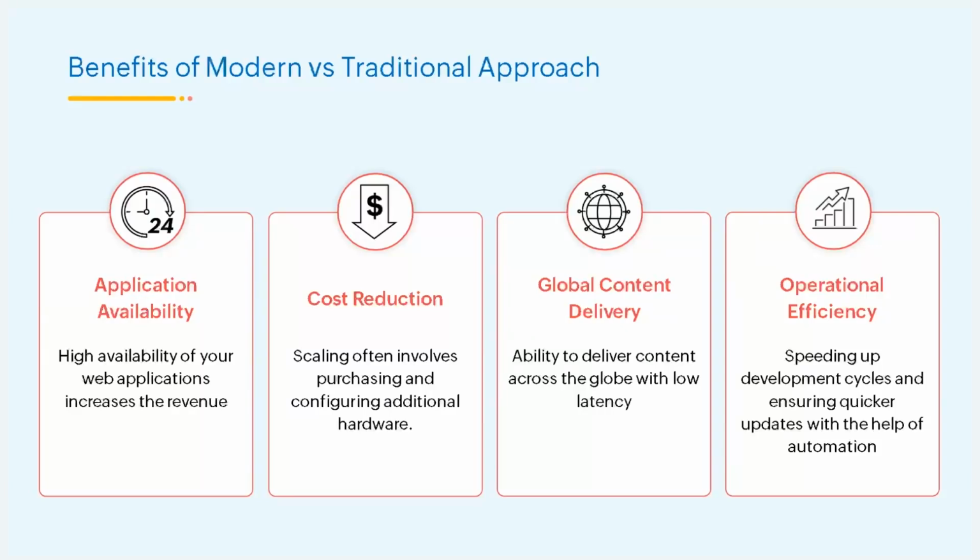Cloud computing, automation, and modern architectural principles are key factors which contribute to these benefits, enabling businesses to stay competitive and responsive to changing demands. The modern approach offers benefits such as improved scalability, reliability, and global content delivery, which contribute to higher availability when compared to traditional approaches.